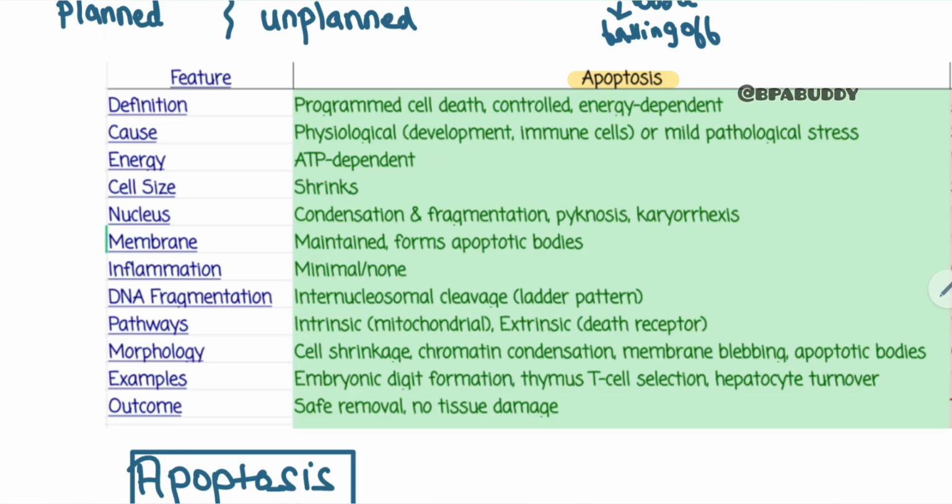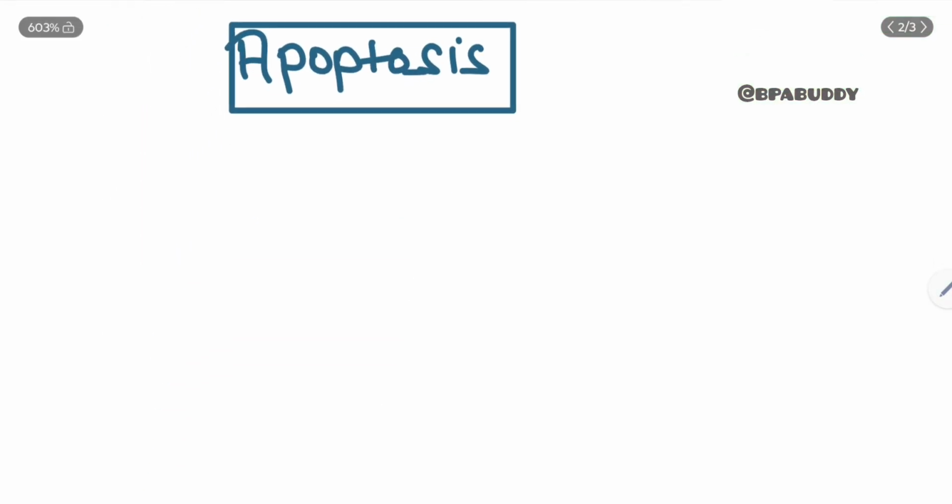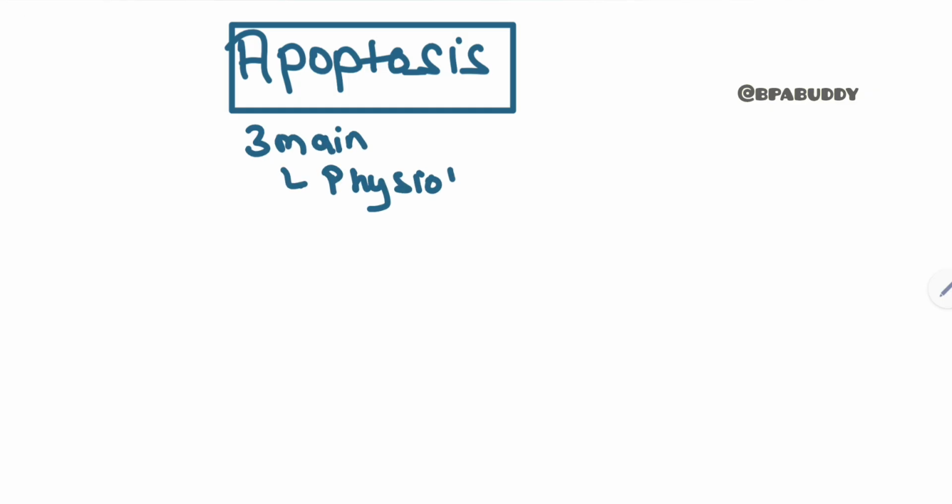Why does apoptosis happen? It happens because of three main reasons. First is the physiological reason, removing extra cells during development. An example is when a baby's fingers separate in the womb.